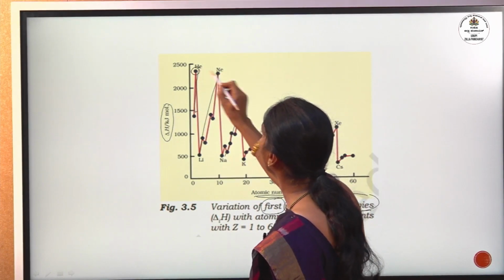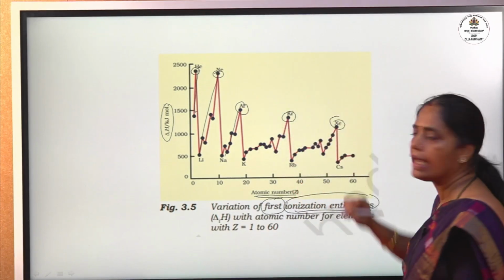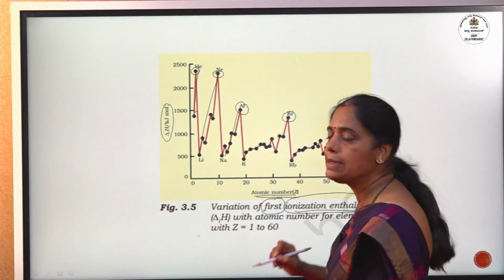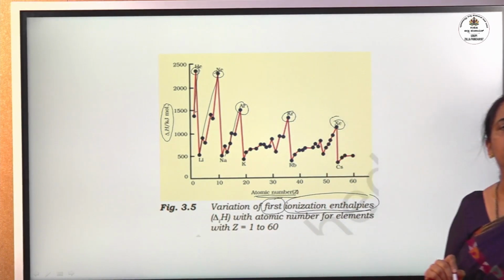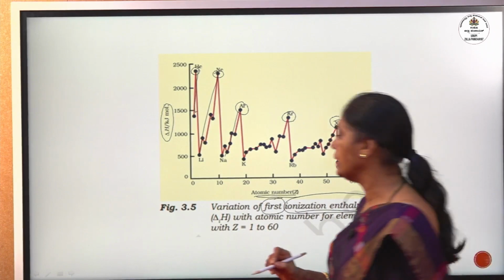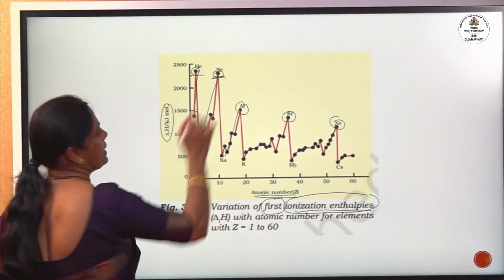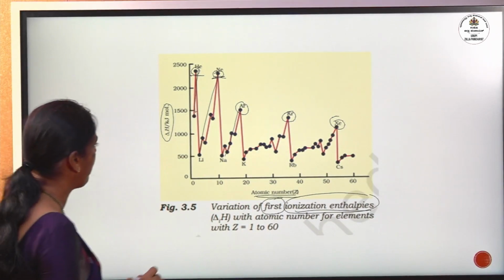And at the top we can see noble gas elements. So in each period, noble gas elements have the highest ionization enthalpy because van der Waals force exists in them.